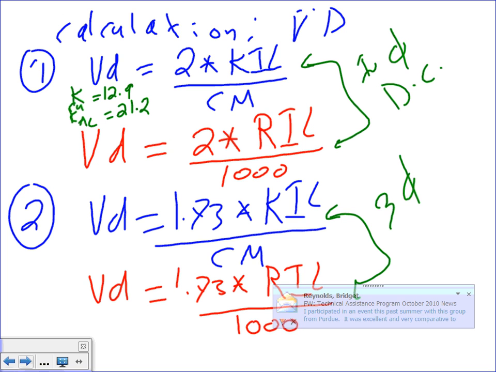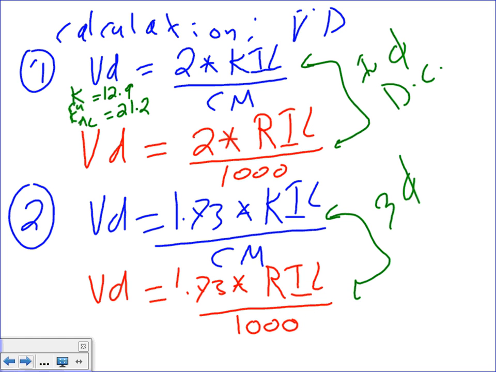At least this is what our book is using. If I use iron or steel, the K will be different, right?